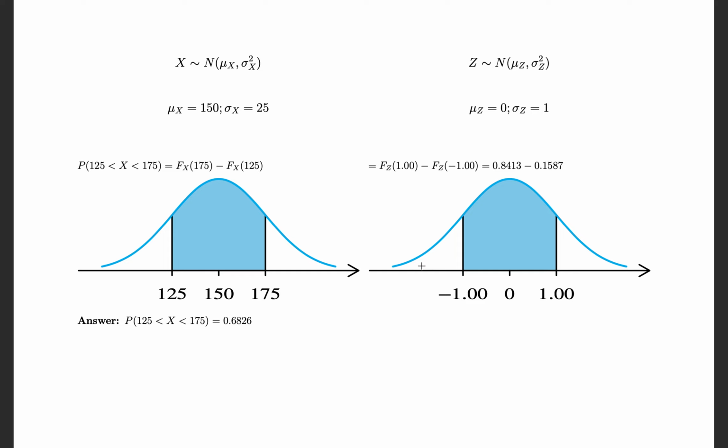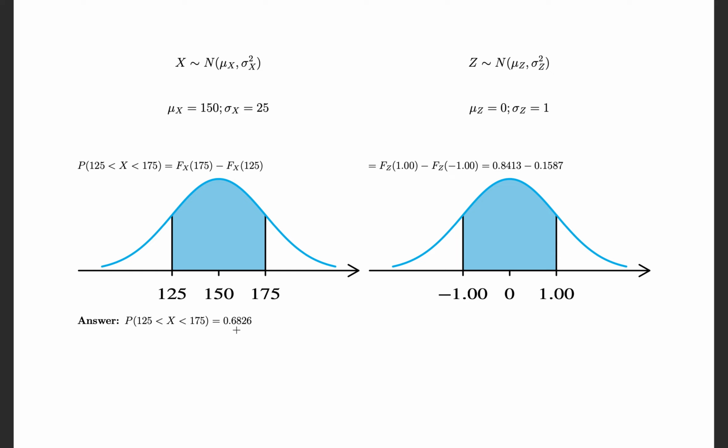And the area under the graph up here is just 1 minus 0.8413, which is 0.1587. So the area up until here, minus the area until here, is 0.8413 minus 0.1587, and we get an answer to the original question.